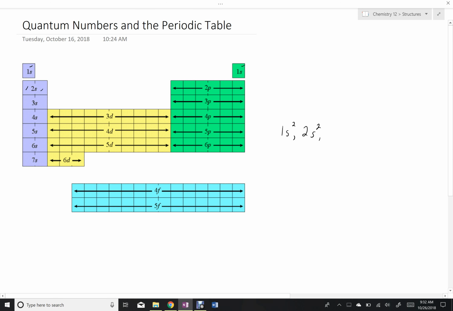In our new atom, which tells us that we have 3 orientations for our p orbitals, we should be able to fit 6 electrons into them at 2 each. And here we can see that's why we ended up with a block of 6 atoms at this location.